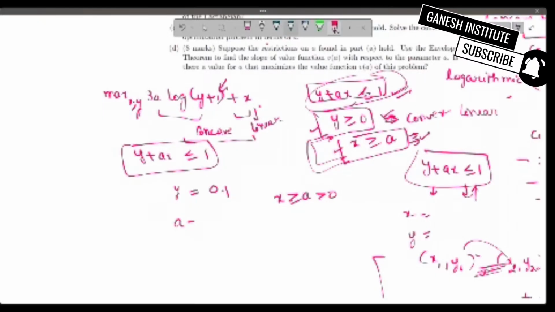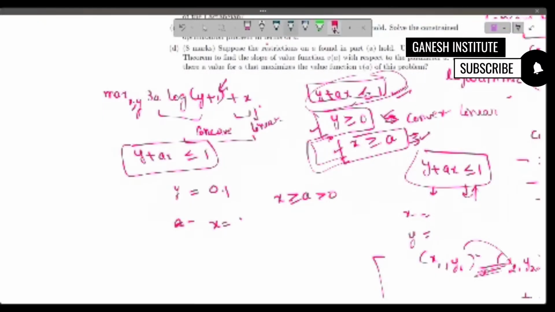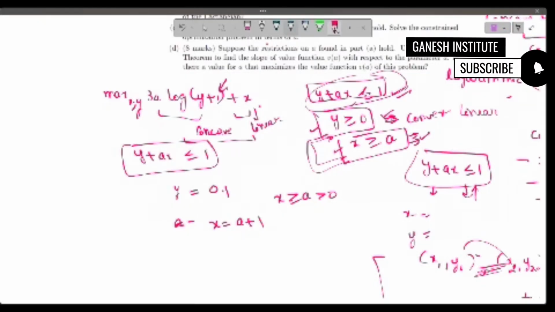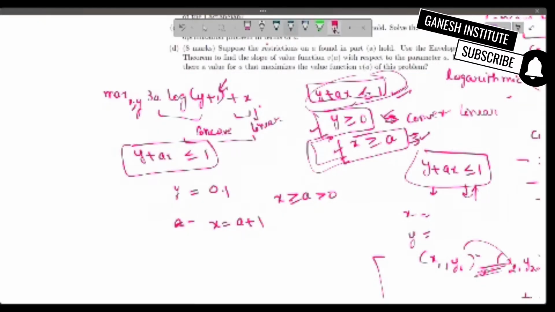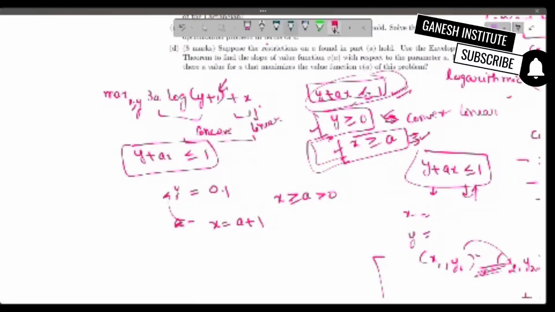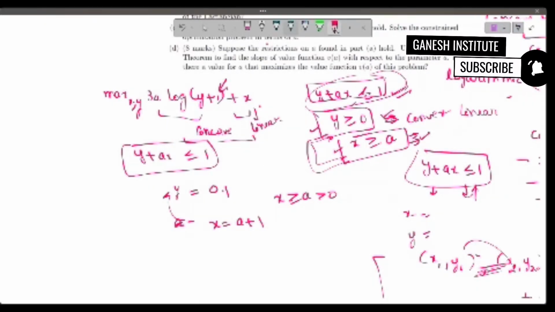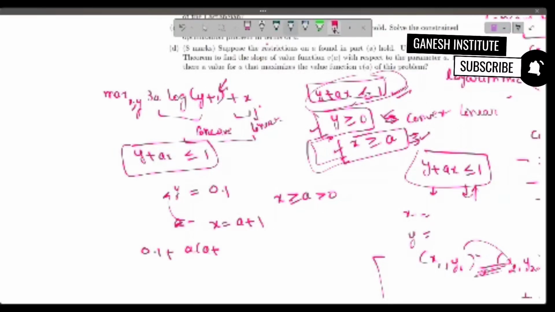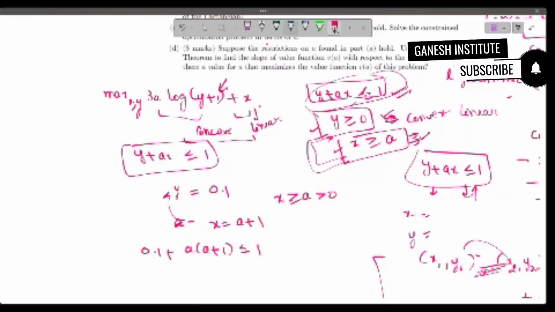So I can have x as a plus 1. If I substitute everything here, y as 0.1, x as a plus 1, I can get the value of a.